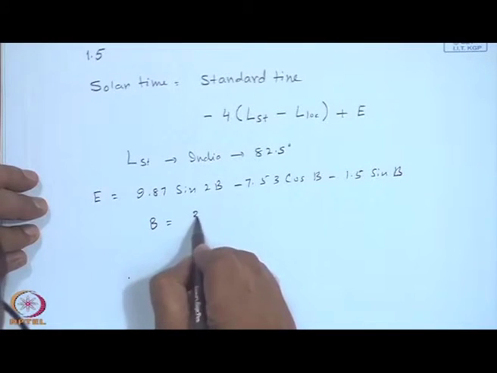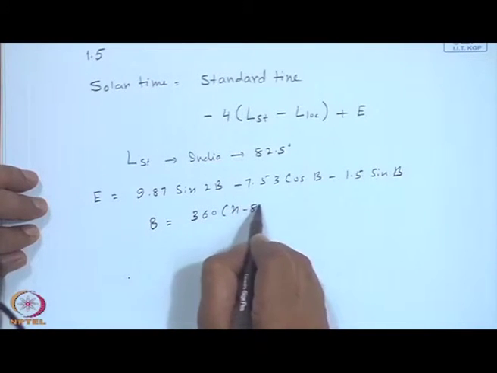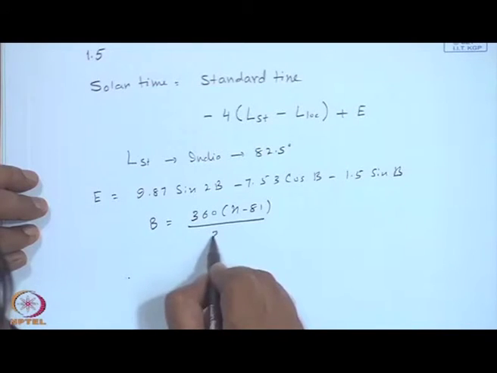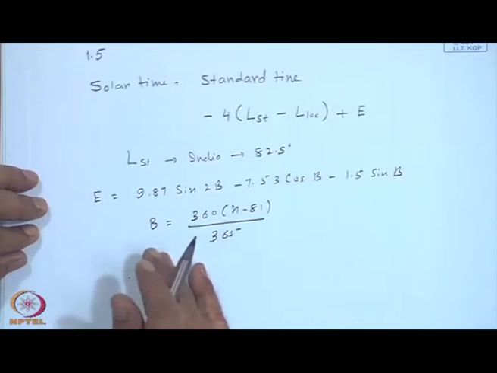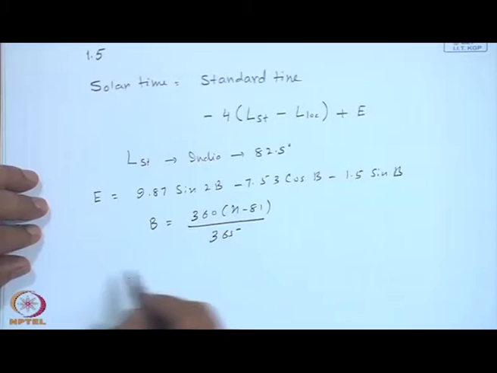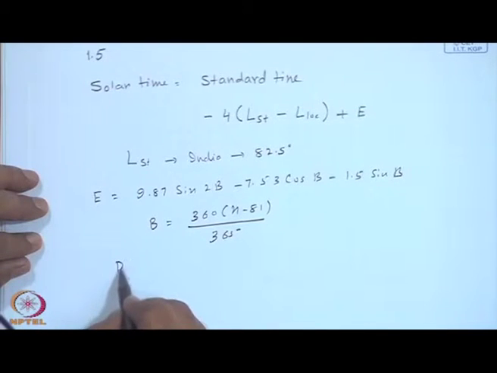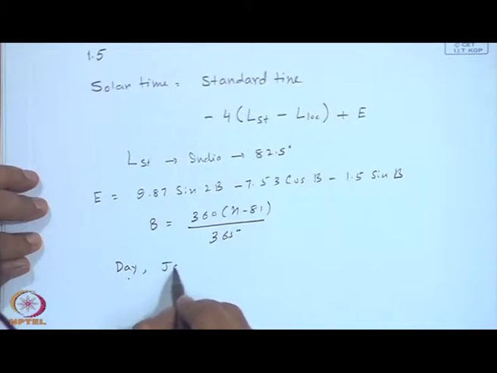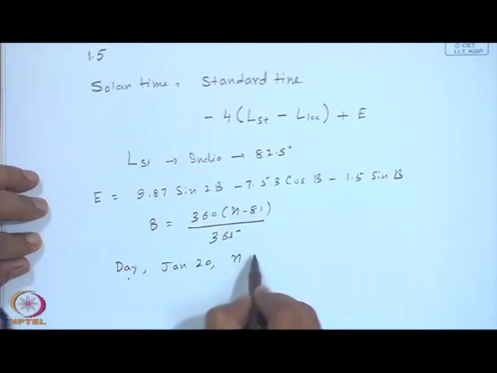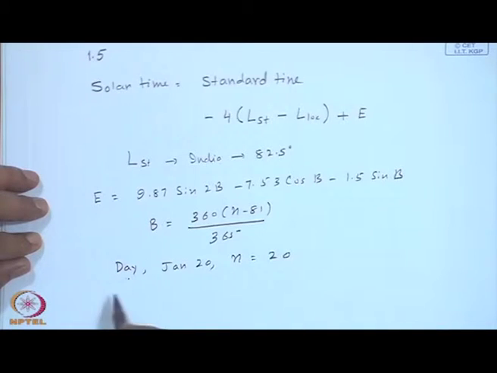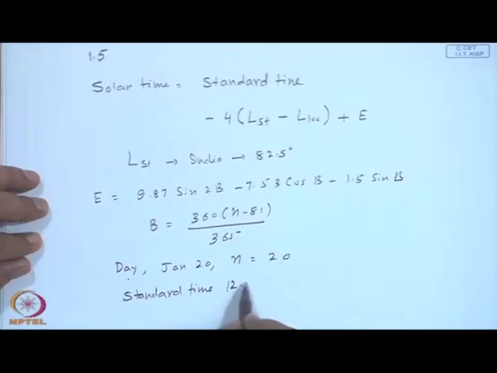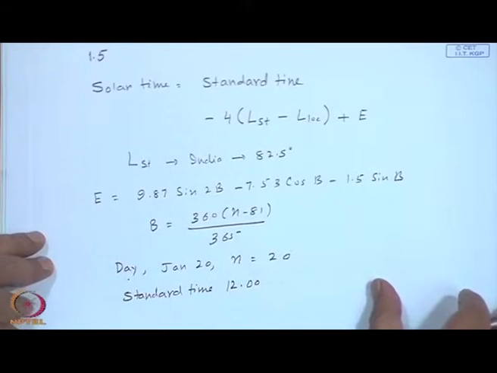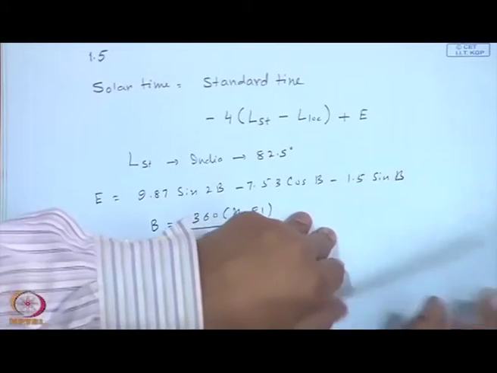B will be 360 times n minus 81 upon 365, where n is the day of the Julian date. So, we are having day as January 20th. So, n is equal to 20, and we are given that standard time as 12:00. It can be anything, the correction will remain the same.